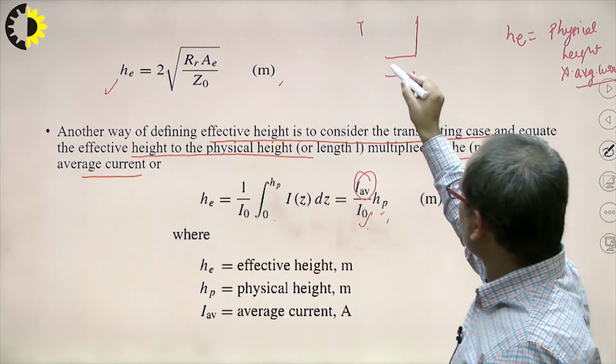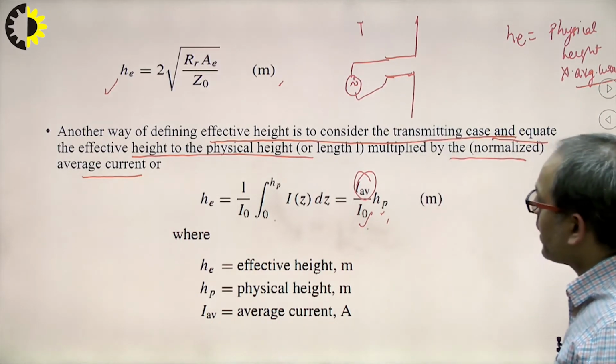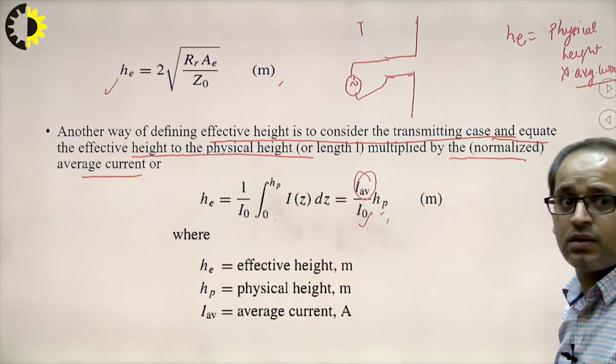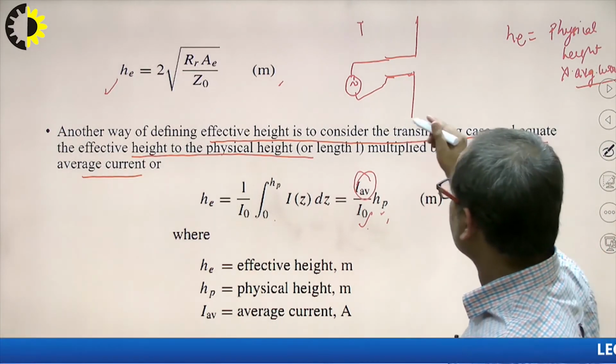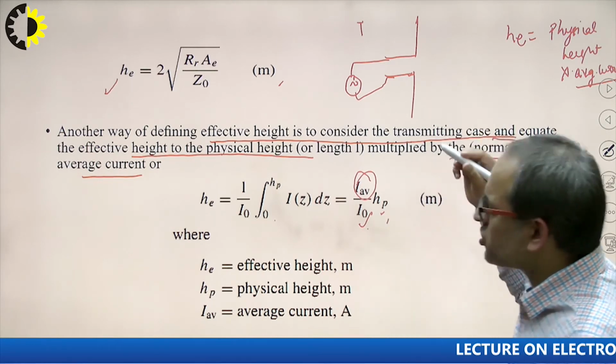Clear? Because I am transmitting some current into this antenna, and this antenna acts as a transmitting antenna. So there will be some current distribution.